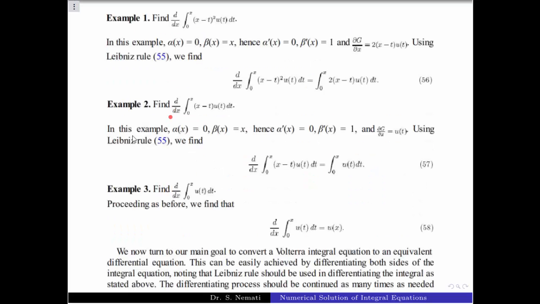For example, in the first example, we want to find the derivative of this expression, actually the integral of (x minus t) squared u of t dt from 0 to x. So instead of alpha of x, we have 0.